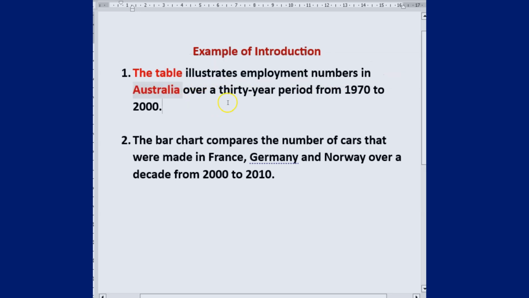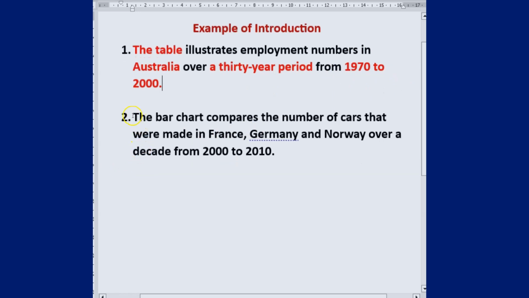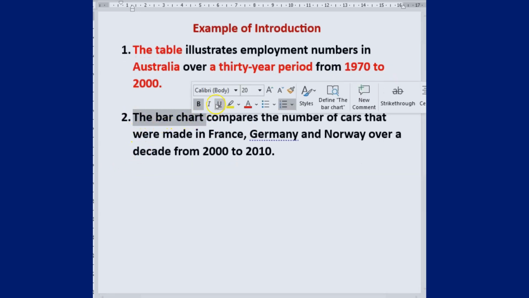So it shows the place where the data was collected over a 30-year period, right? So it shows also how long, or when it was taken, a 30-year period from 1970 to 2000. The second one also shows the bar chart, right?